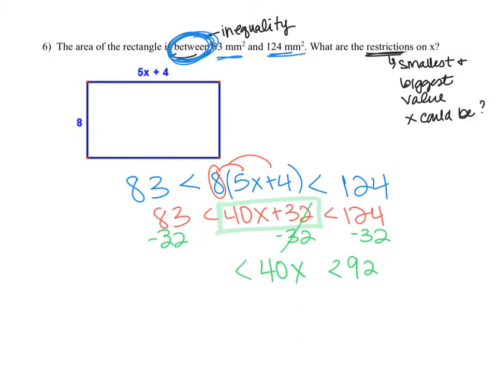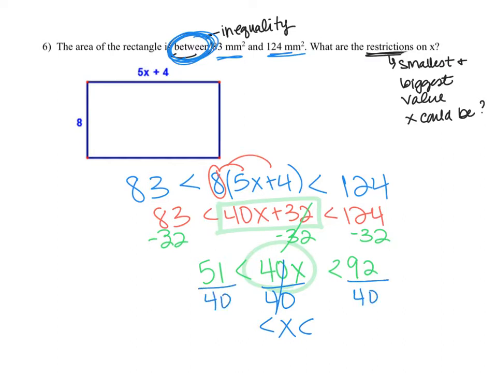And let's see, 83 minus 32 is 51. And so again, we're going to focus on x, where x is in the middle. So how do I get x by itself? The same way we would in any other inequality. Divide by 40. Becomes 1x in the middle. I divide 92 by 40, and I divide 51 by 40.